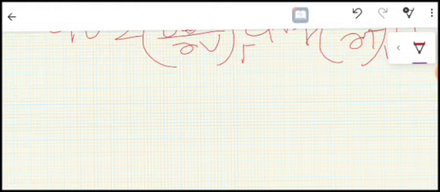Now dQ is equal to dU plus dW, meaning dQ equal to dU plus PdV.